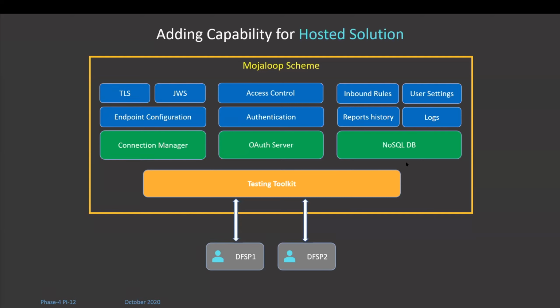A complete end-to-end solution. They can just log into the OAuth server as admin, create users for their DFSPs, and give those credentials to the DFSPs. So everything works based on the user accounts created. I will pass it to Georgi to demonstrate the hosted solution.